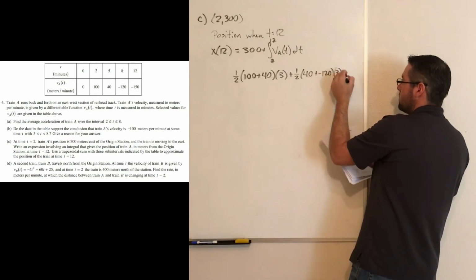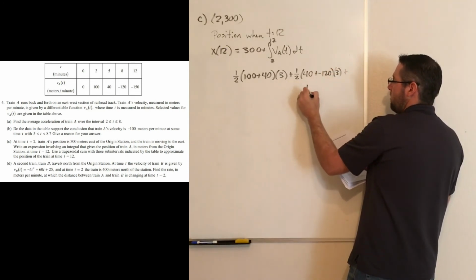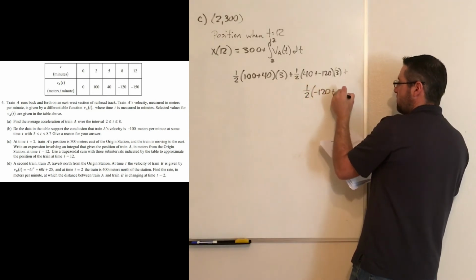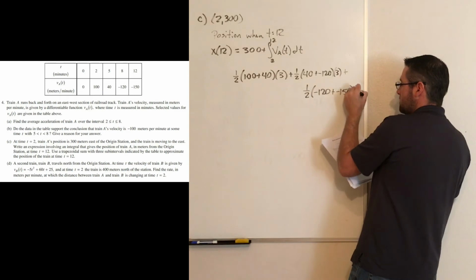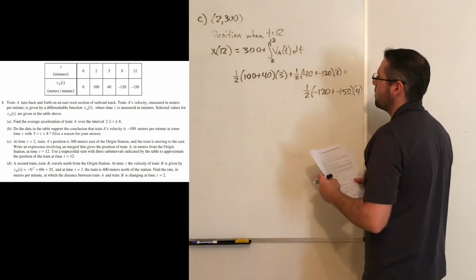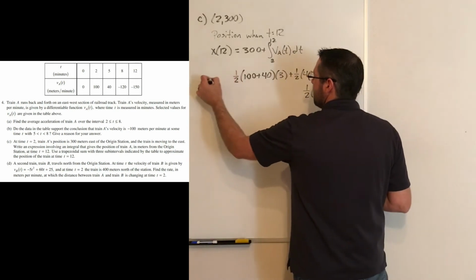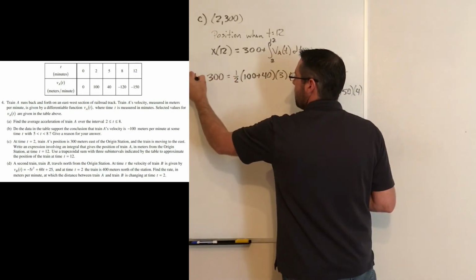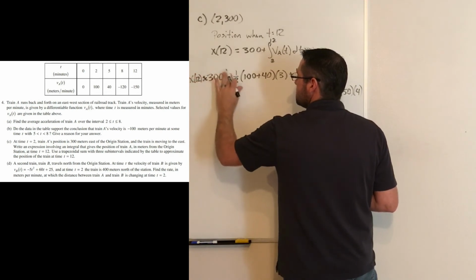And then the last one, plus 1/2 of negative 120 plus negative 150, and then the width there is going to be 4. So that is the Riemann sum that gives you your integral expression. And then we have to add to that 300. So we'd say x of 12 is approximately this.